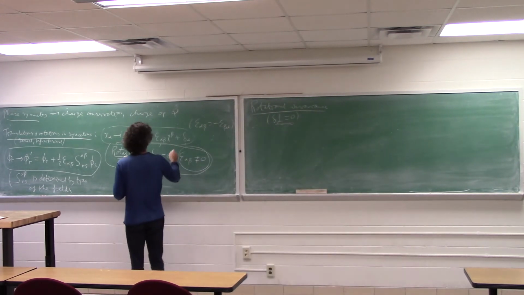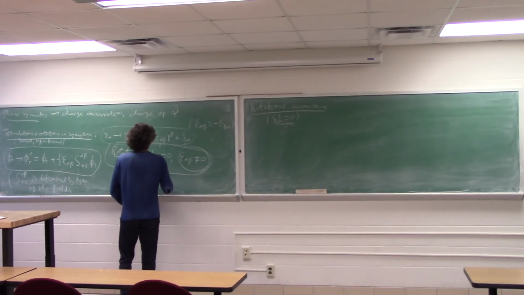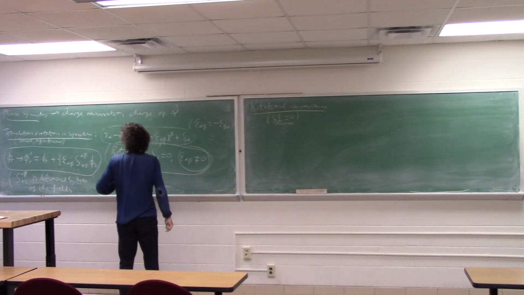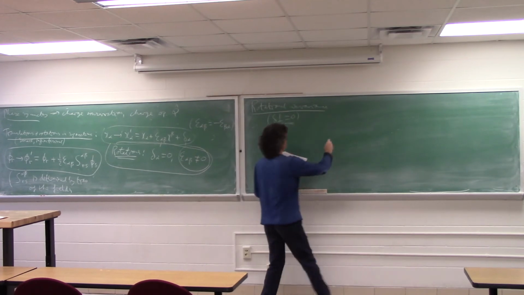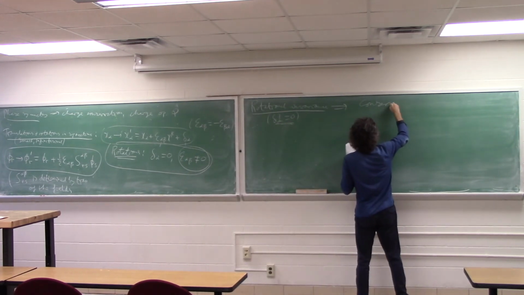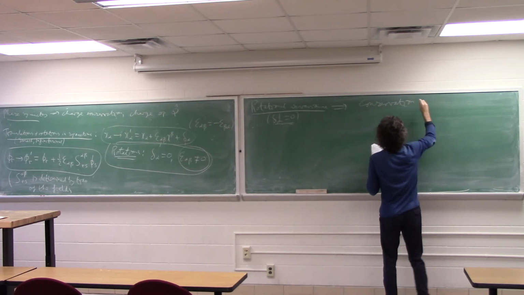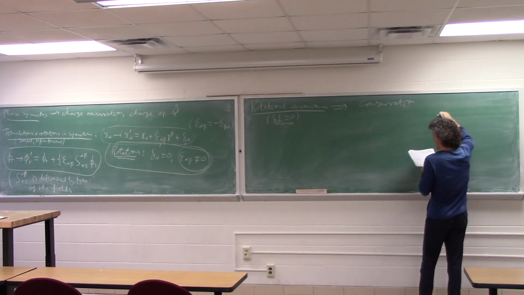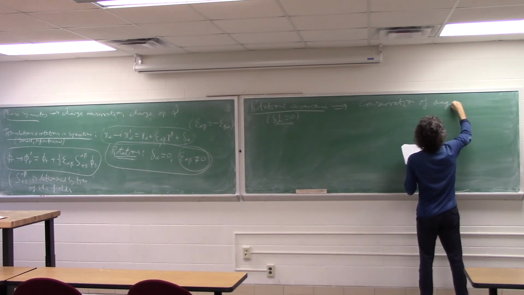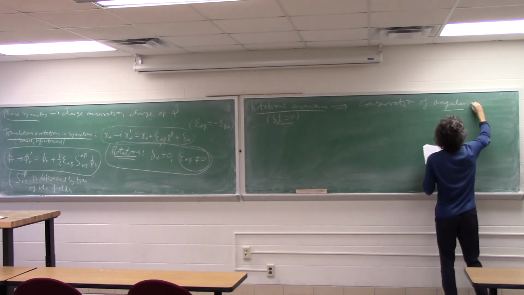So there's no translation. We're just looking at a rotation. What you find, and if you're interested, you can read through the derivation in the book, is conservation of angular momentum.